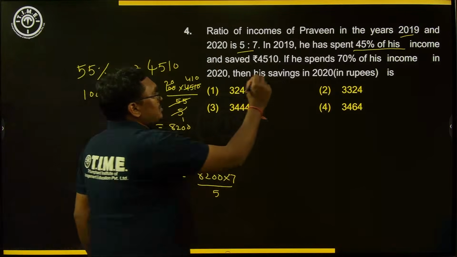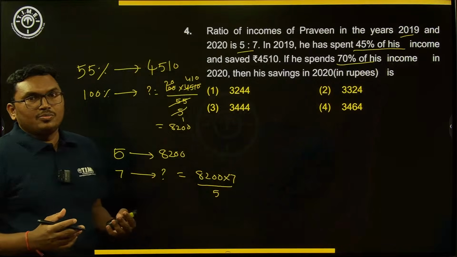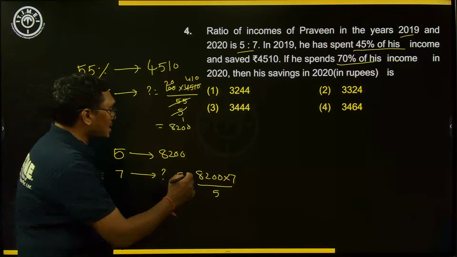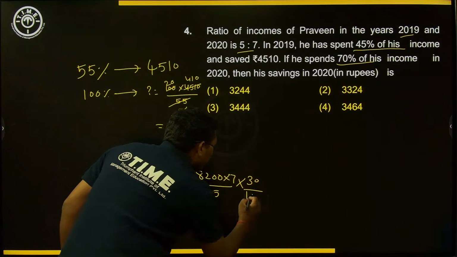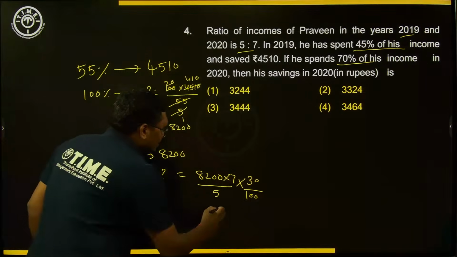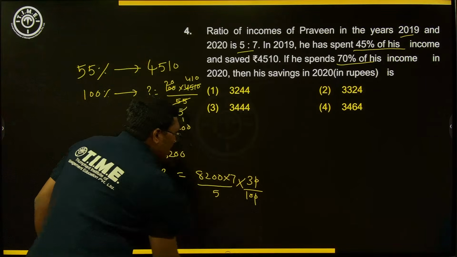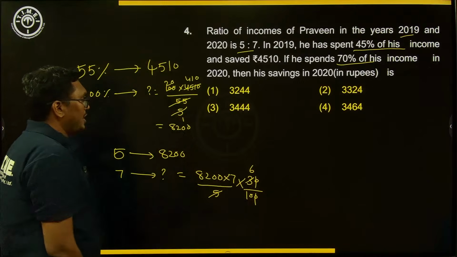So he spends 70% of his income, means what is the remaining income? Remaining income is 30%. So just multiply with 30%. So దీన్ని సింప్లిఫై చేస్తే ఏమొస్తుంది మనకి? So 0 0 get cancelled, 5 6 times, right?